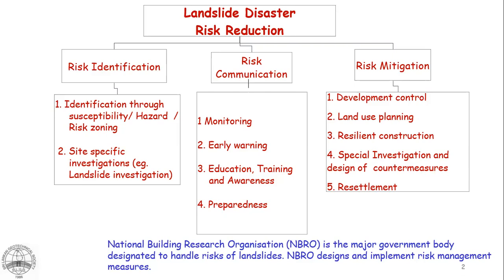So detailed investigations were done, detailed designs were done on rectification measures, and they were implemented. Then in situations where there is high risk of landslide and the mitigation at the site is economically not feasible, people were resettled in different areas which are much less vulnerable.